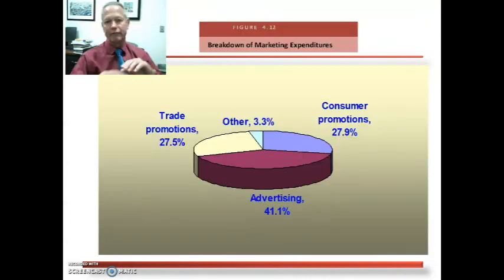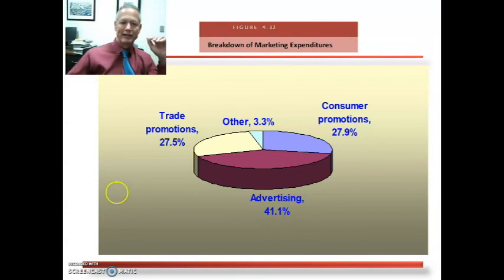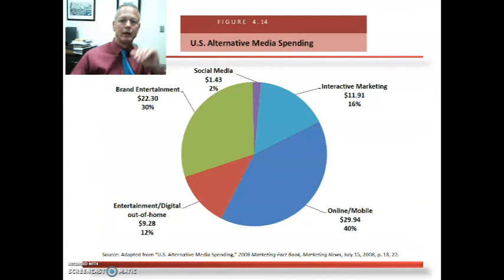This is the breakdown of marketing expenditures. Advertising or traditional advertising is still 41%. POPs and consumer promotions are 27%. Trade promotions are 27.5%. So trade promotion and consumer promotion are just about the same. And then, of course, there's alternative media spending. Branded entertainment, we're going to talk about that later.